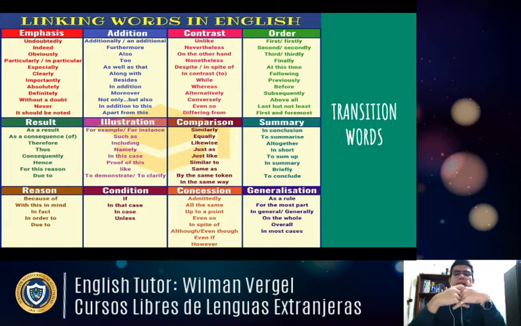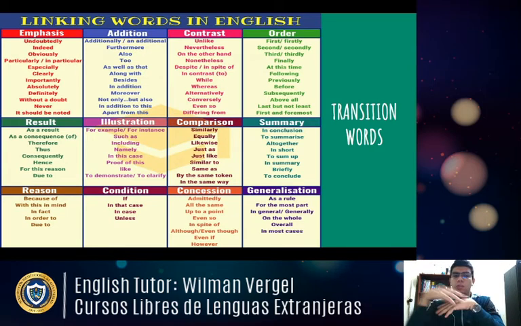So we basically use transition words. We have some categories. For emphasizing, we have undoubtedly, indeed, obviously, particularly, and so on. To add information, we have additionally, furthermore, in addition, moreover. For contrast, nevertheless. We have sequence words like first, second, third.